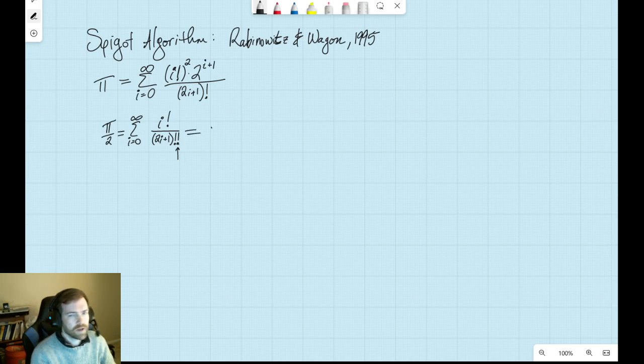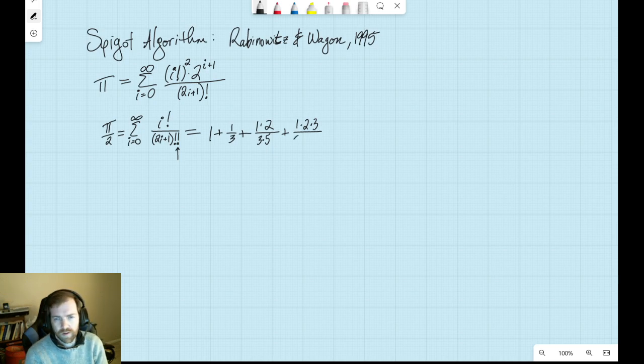So this is going to be equal to 1 plus 1 over 3 plus 1 times 2 over 3 times 5 plus 1 times 2 times 3 divided by 3 times 5 times 7, and so on and so forth. This is actually infinitely long.